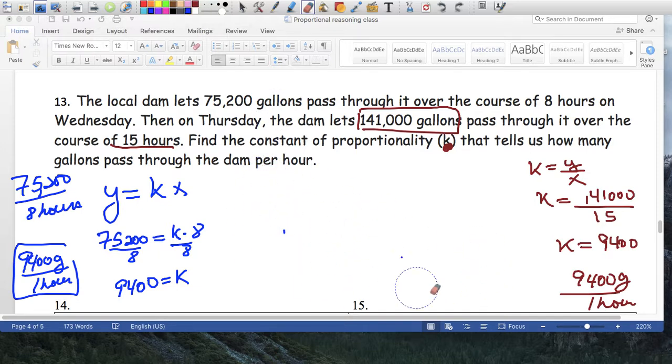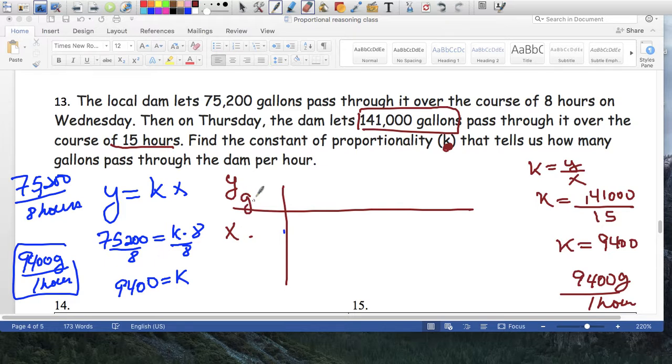Let me put those two in a table with several values, where this is my y and this is the x. The y is the gallons, the x is the hours, and one of the values is 75,200 in 8 hours.